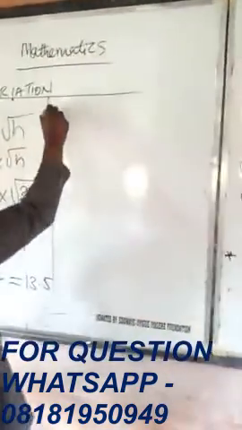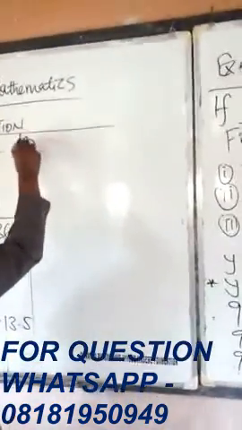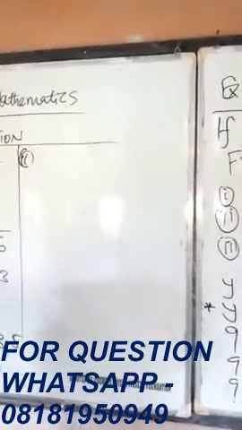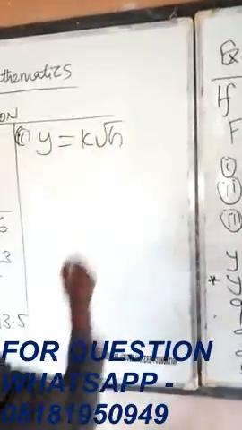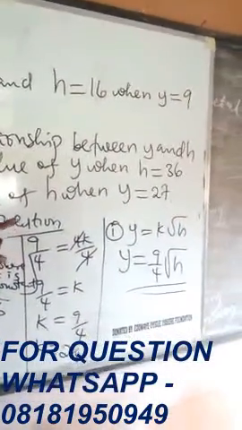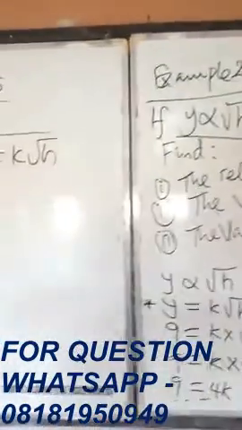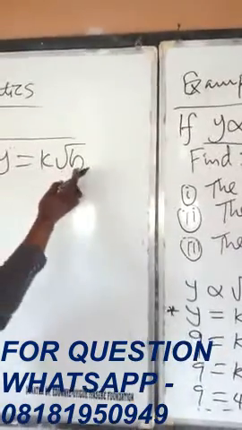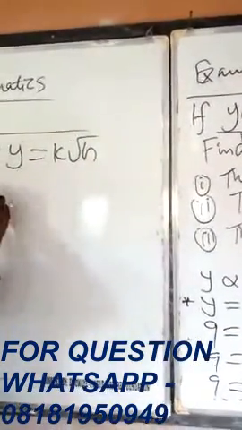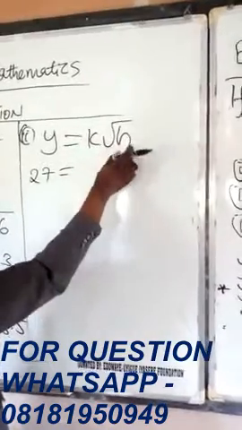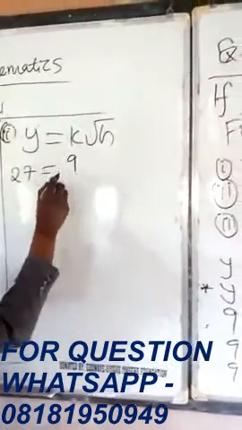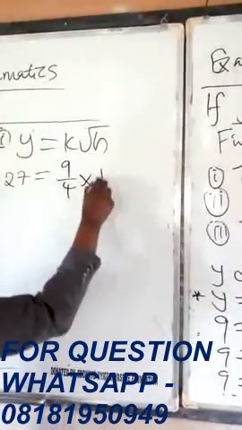Then lastly, for this example 2, Roman figure 3, you write your real equation again, y equals k root h. Find the value of h when y is 27. So let's substitute again: y is 27. You know that this means k times this. So our k is 9 over 4 times square root of h.